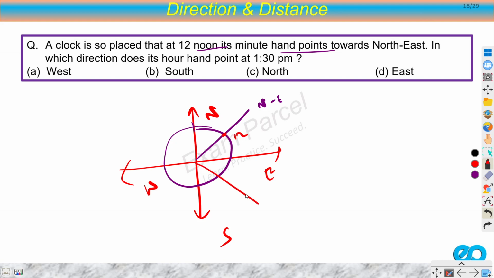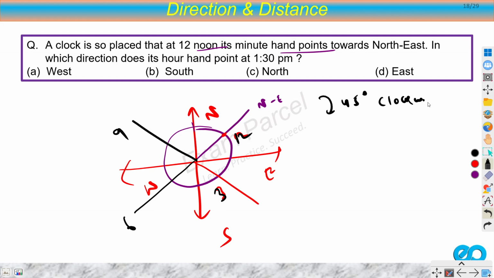If 12 is here, then 3 would be here, right? 12, 3, 6, 9. So the clock is tilted 45 degrees clockwise. I have rotated the clock 45 degrees in the clockwise direction. That's why 12 is now at this position. 3 should be here, but now it is at this position. 6 should be here, but now it is here, southwest. Similarly 9 should be here, but is now northwest.